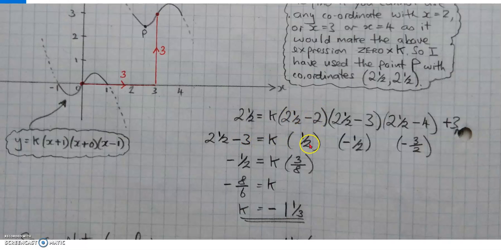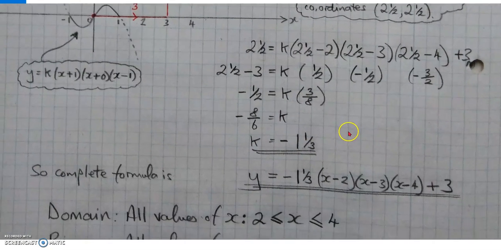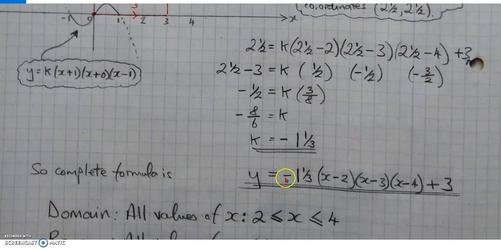This goes to a half. This bracket's minus a half. This bracket's minus 1.5. Multiplying them all together gives 3/8, positive, because minus times minus gives plus. And play around with this, and you get k is equal to minus 1 1/3. Put that back in the formula, and there's your k value, and there's the original formula.